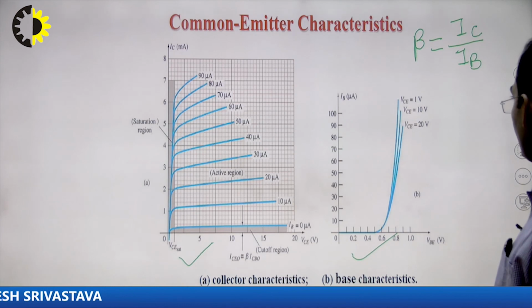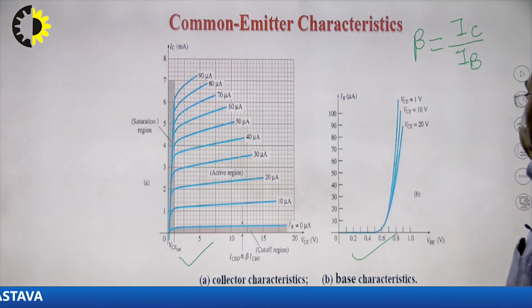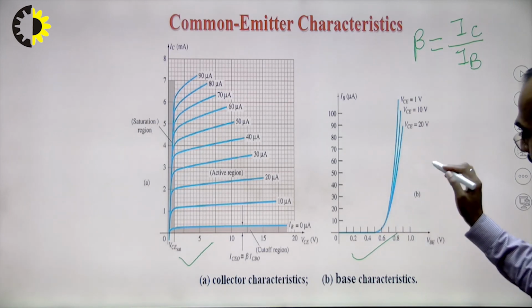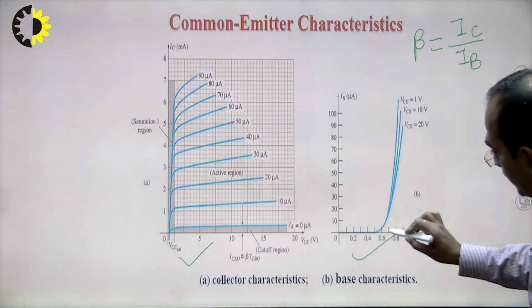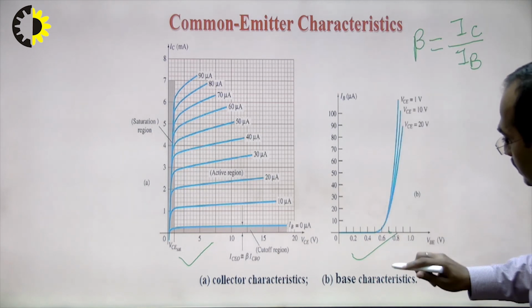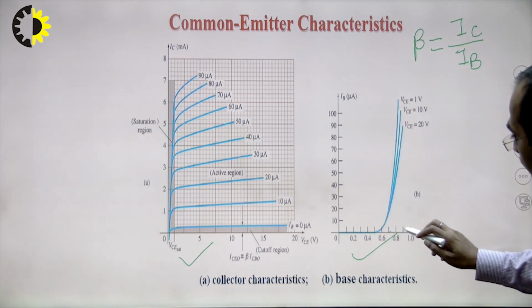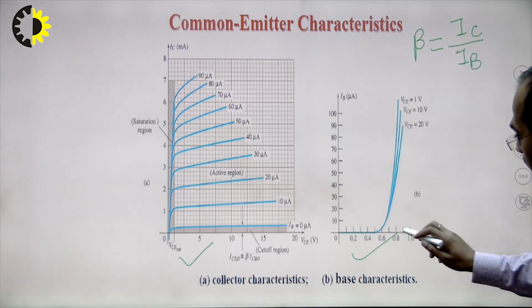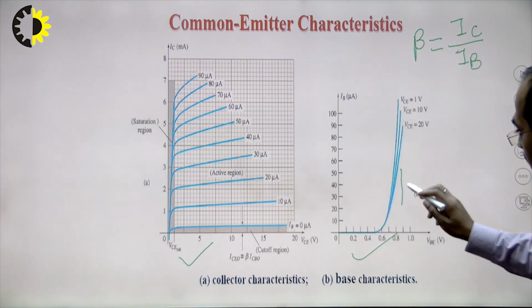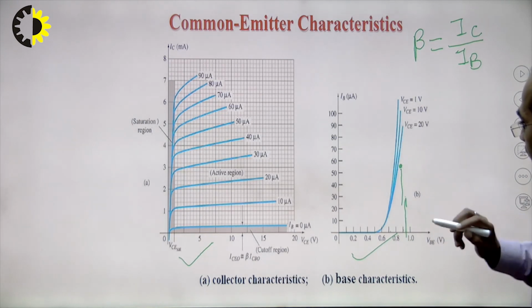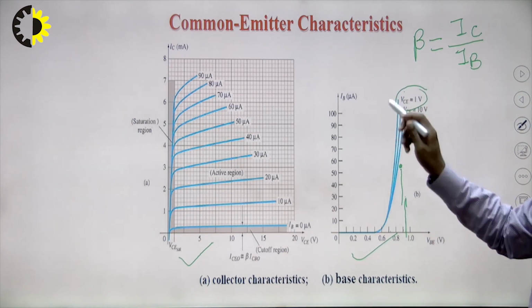So, why is the cut-in potential changing? Because if I check this particular point, the current for this voltage is less as compared to VCE equal to 1 volt.